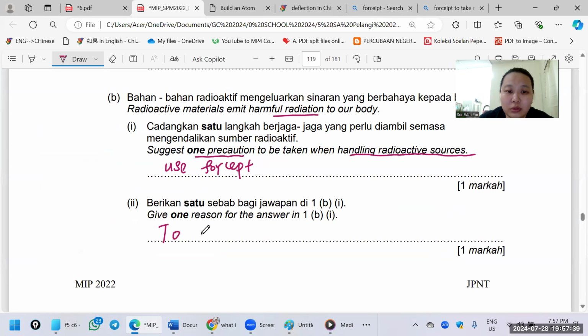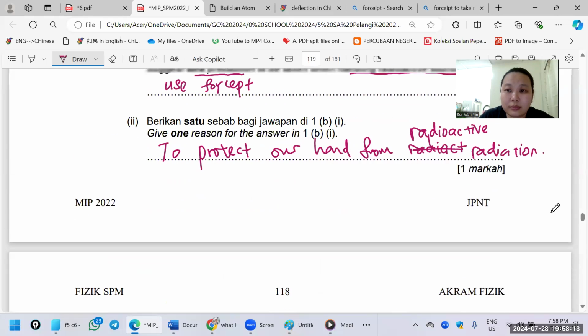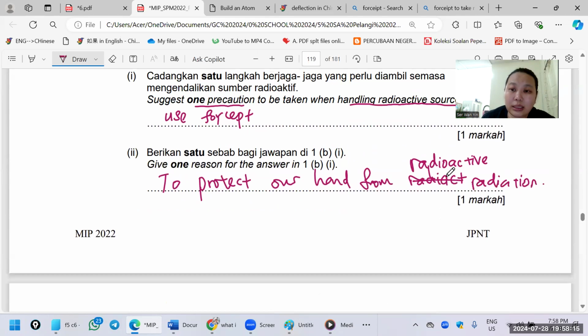Give one reason to protect our hand from radioactive radiation.